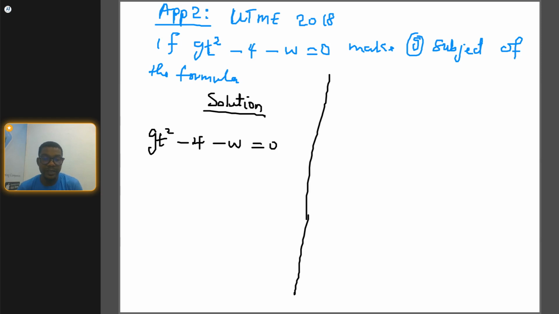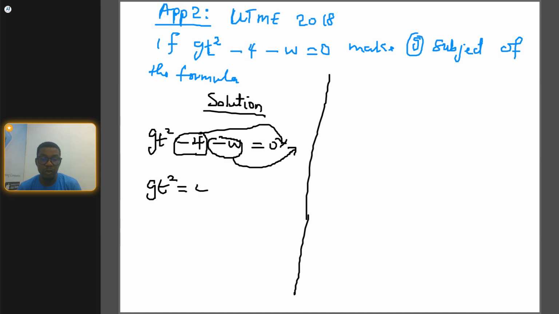So if I take this guy outside, and I take this guy also outside, I'm going to have GT squared equals 4 plus W. Do you agree with me? What we have just done is what we call collection of like terms.